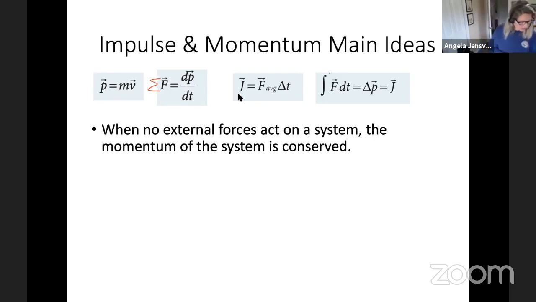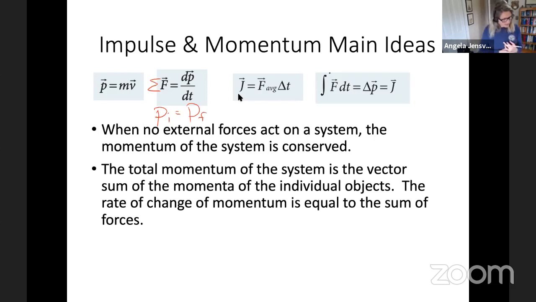In other words, momentum is constant. So momentum is conserved if the sum of forces acting on an object or system of objects is equal to 0. And the total momentum of a system is just the vector sum of all the momenta of the individual particles.